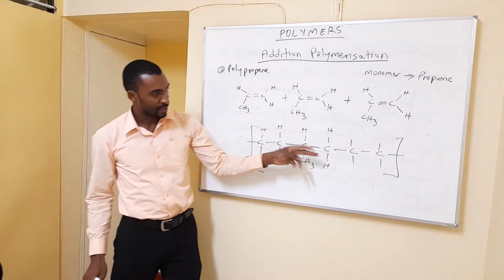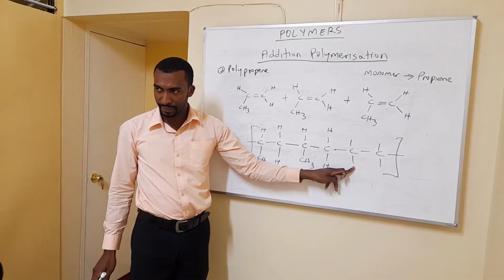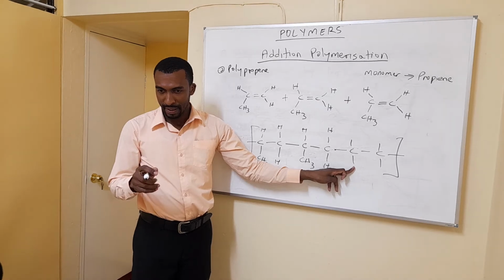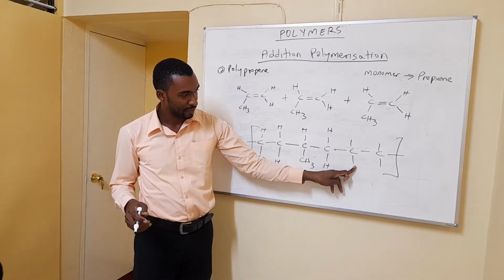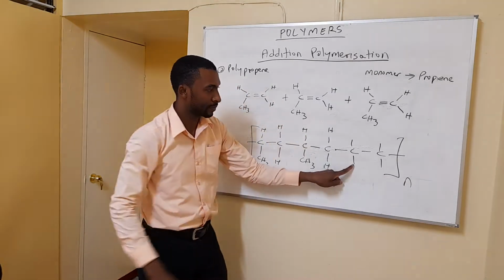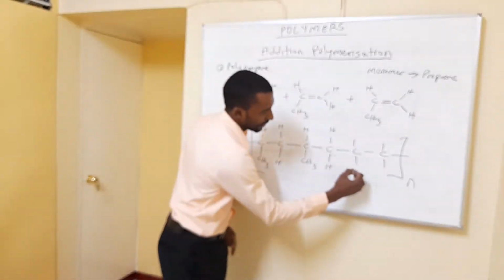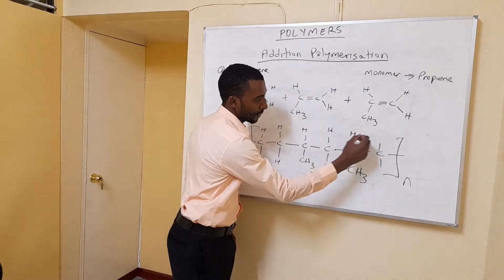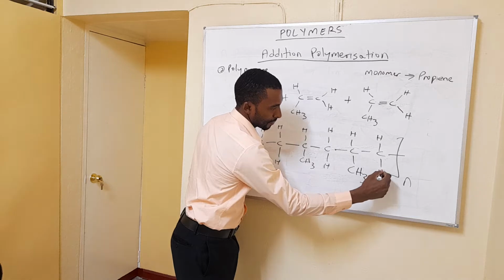If you're following the structures, what will we put here? H, hydrogen. What should we put here, following the trend that I'm doing here? CH3. Good, CH3. What should we put here? H, yes? H, and H.